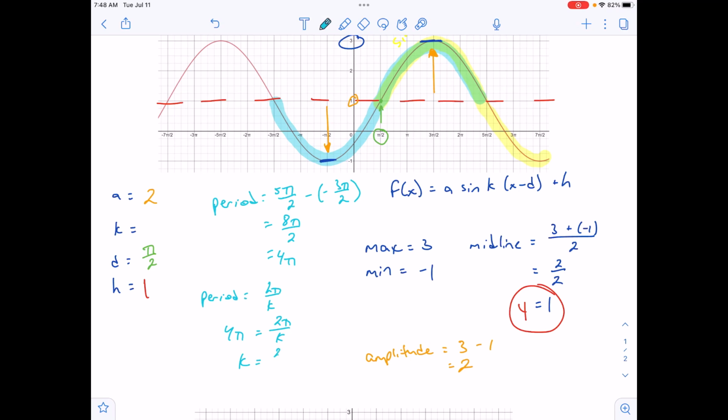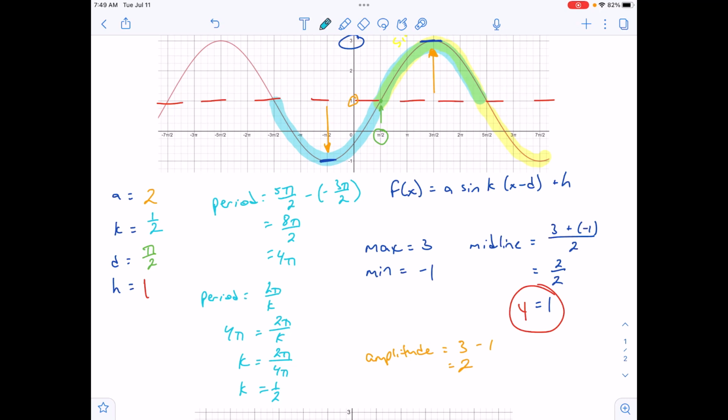K will be equal to 2 pi over 4 pi, which is 1 over 2. It's working at half time. It's moving at half the speed, and that makes sense because it's, at the end of the day, taking double the time in order to get there. So our k value is going to be 1 over 2.